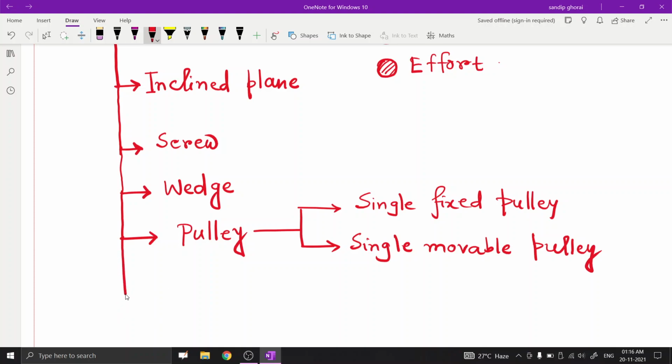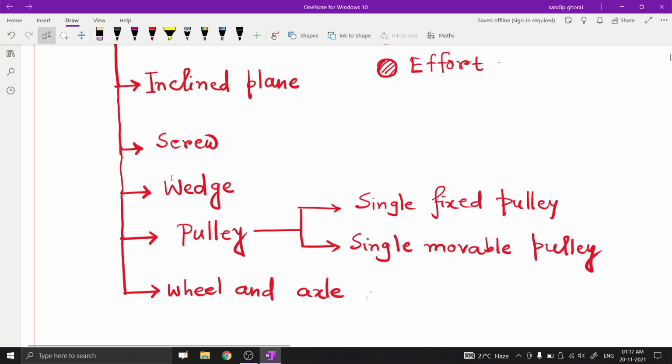Now we move to our next point, that is point 6, the last type of simple machine, the wheel and axle arrangement. What is this? A wheel attached to a rod. That rod is called the axle, and the whole system is called the wheel and axle arrangement.